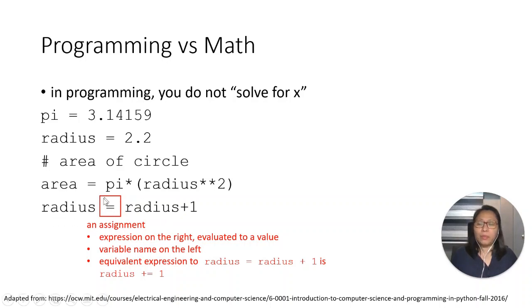Therefore, if we see an equal symbol within the code, the right-hand side is an expression which eventually evaluates to a value, and the left-hand side should be a variable name. So in this example, this expression is also equivalent to radius equals radius plus 1.